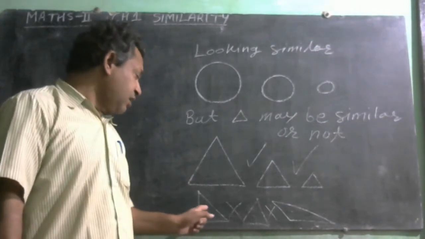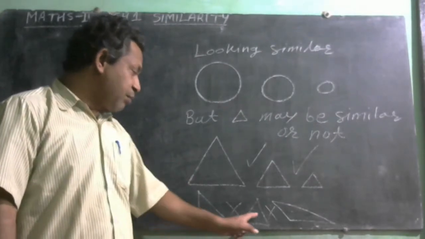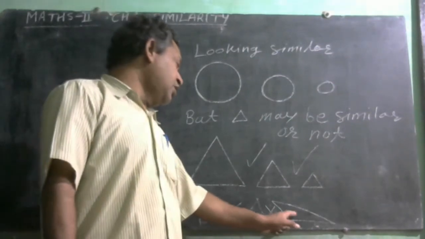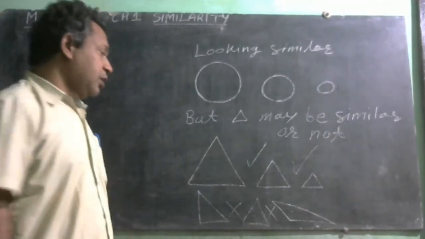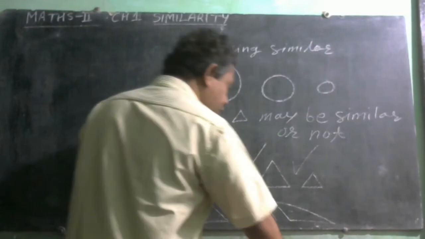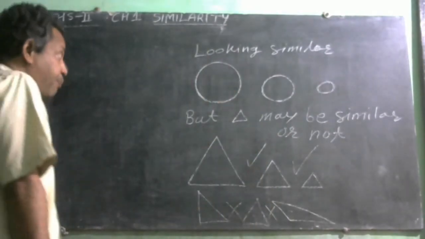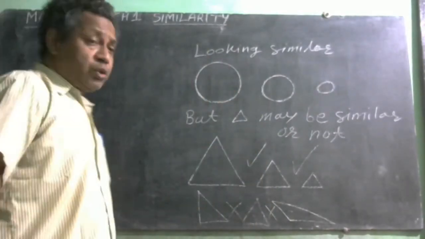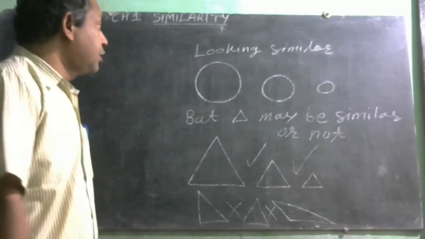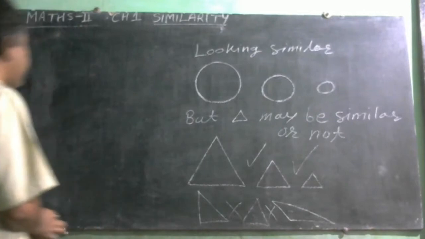This triangle is a right angle triangle, but this is not, so they cannot be similar. This is again another similar, not similar triangle. Okay? So in this chapter we have to see 1.1.